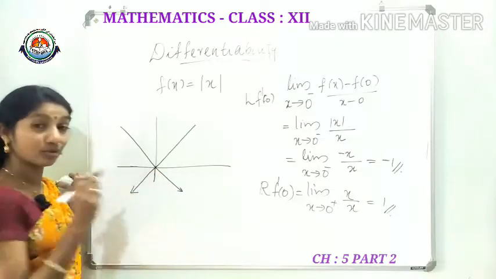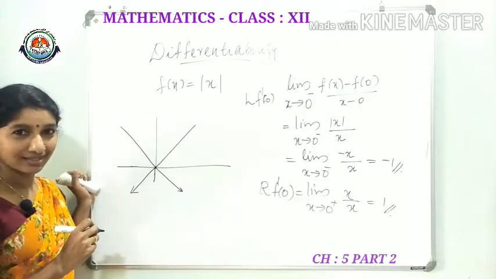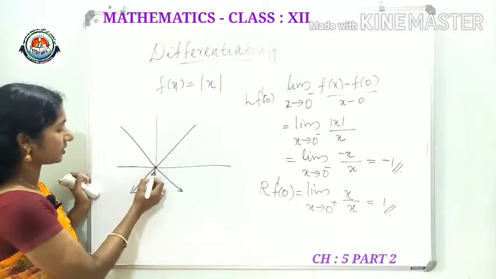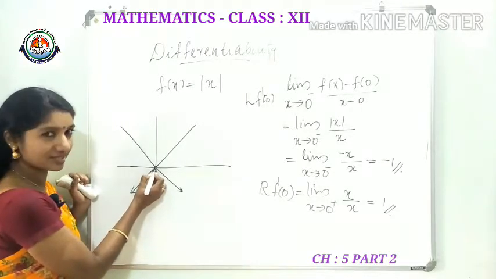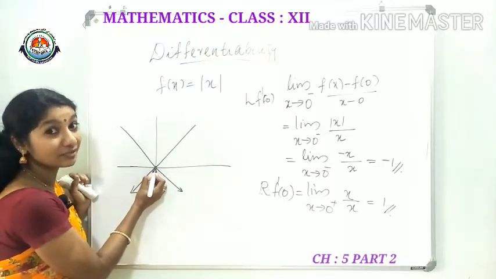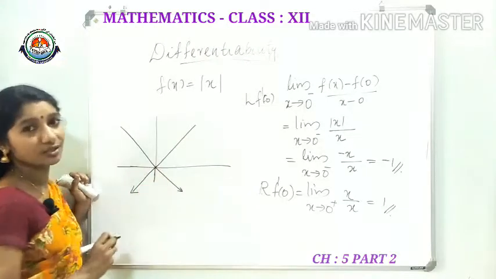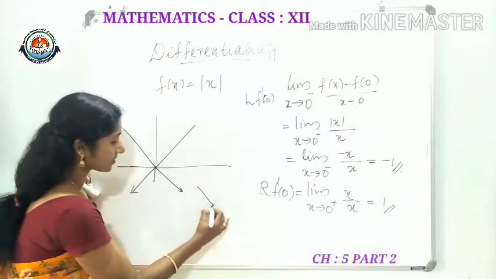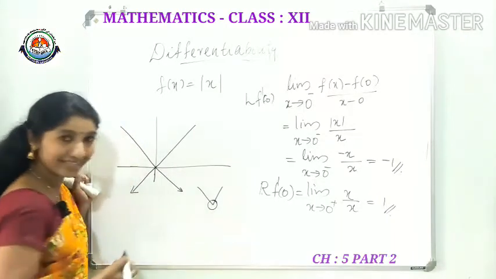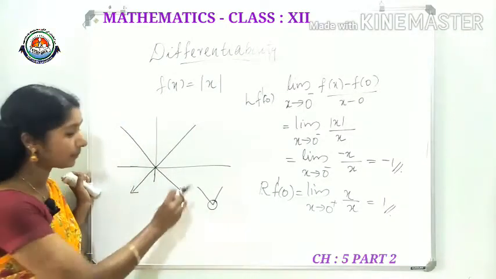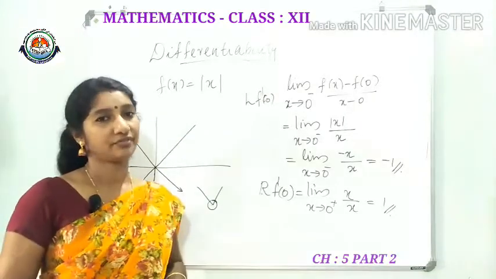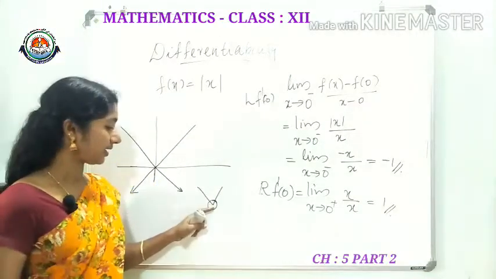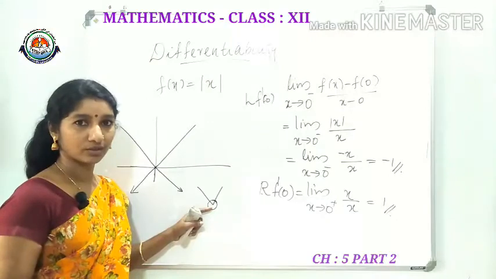And at 0, no tangent, isn't it? So at this peak edge, this function is not differentiable, but this function is continuous. That we know already. Since this function is like this, a peak edge is coming, that's why at that point this function is not differentiable, because we are not getting a tangent for this one. Okay.